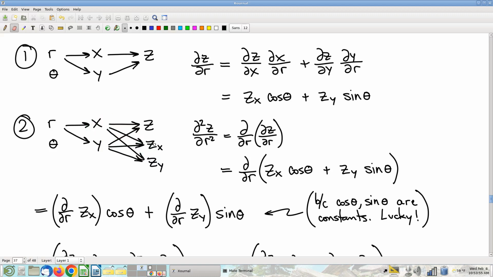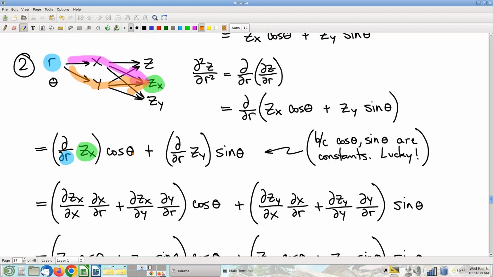Okay. All right. So likewise, what is zy? Well, it's a function of x and y, just like z is. So we recognize that on the diagram. And now we've got a clear path forward. You want to take the partial of zx with respect to r. All right, no problem. I see two paths. There's the x path, and there's the y path.